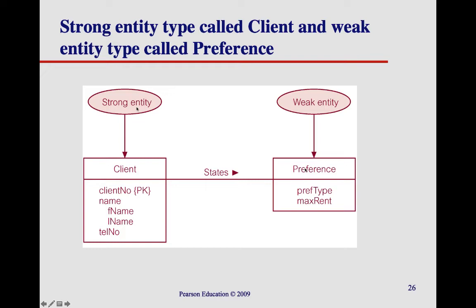In a project, we might have tasks for a project. So a project is broken into tasks. The project would be the strong entity, tasks would be the weak entity. The tasks have some existence, but if you delete the strong entity, which is the project, the task disappears. So the task depends for its existence on the strong entity.